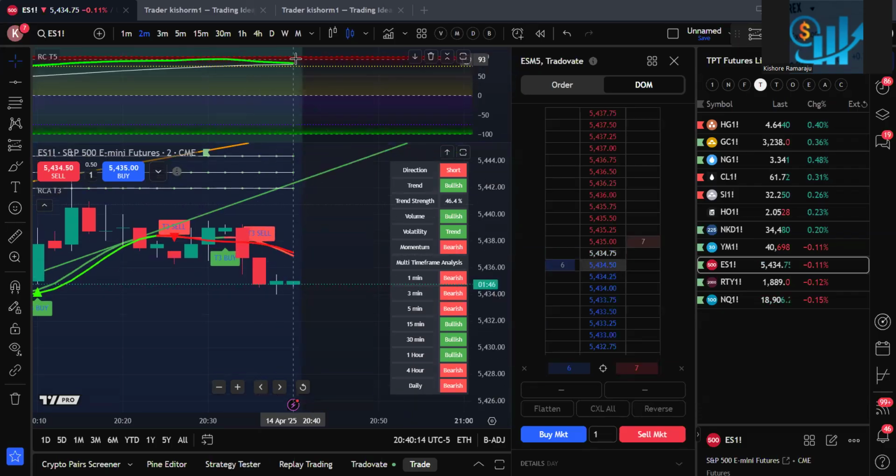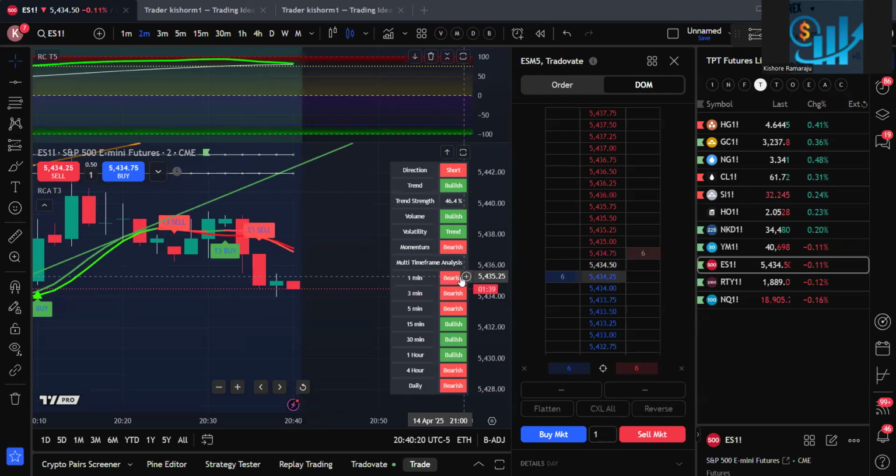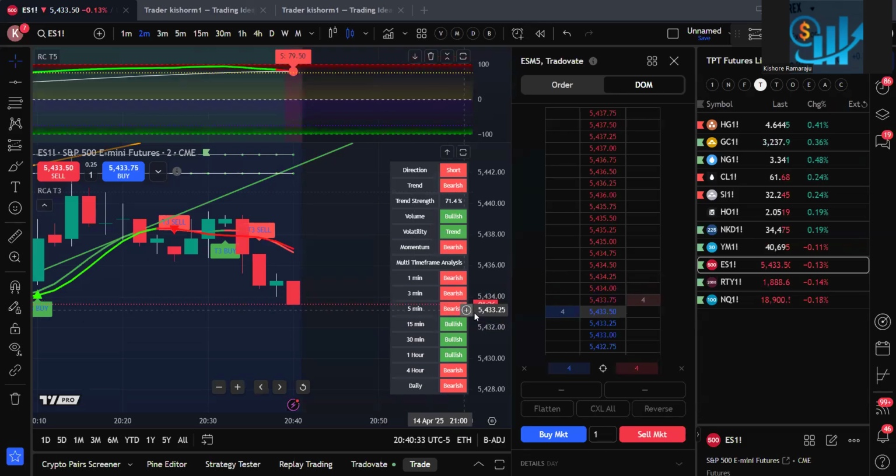First thing is we need to see a red dot here, and then this should come close to the T5 line, because now your 1, 3, 5 everything is bearish. If you're trading in 1 minute, 2 minute, you look for 1, 3, and 5. If you're trading in 5 minutes, you want to look for 15 minutes.